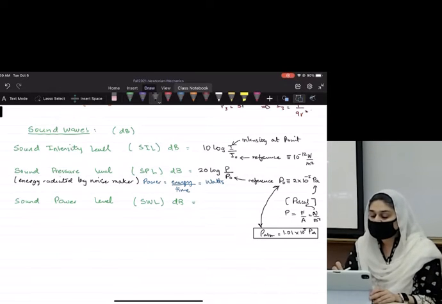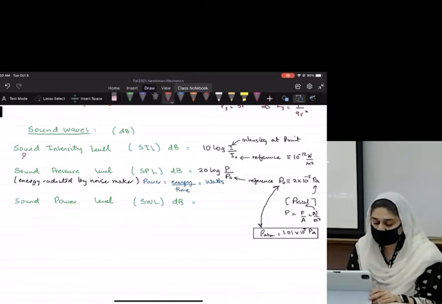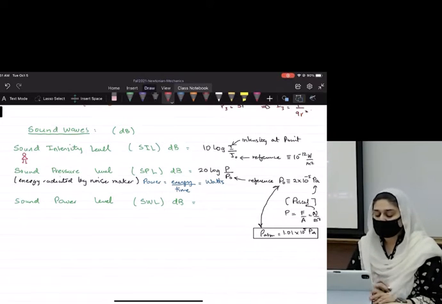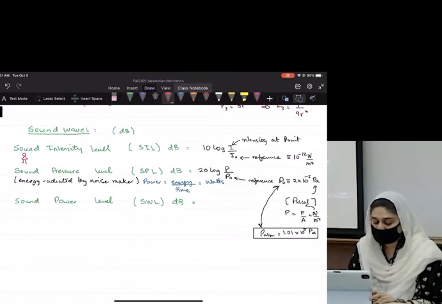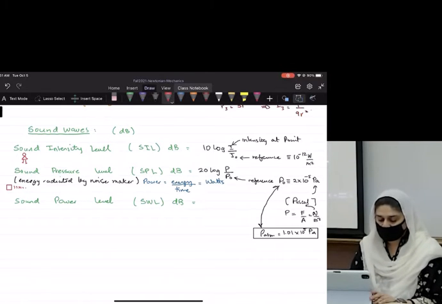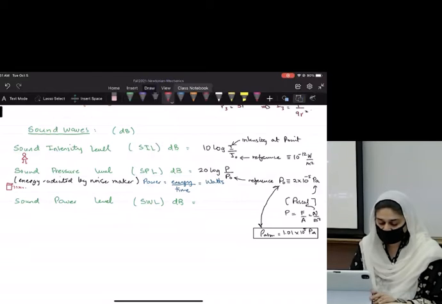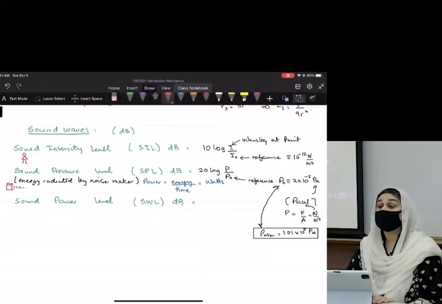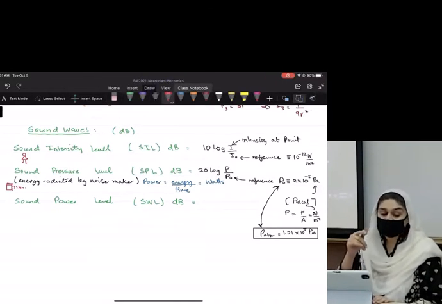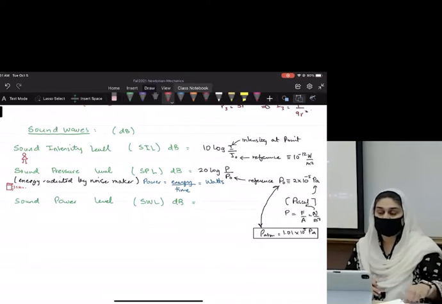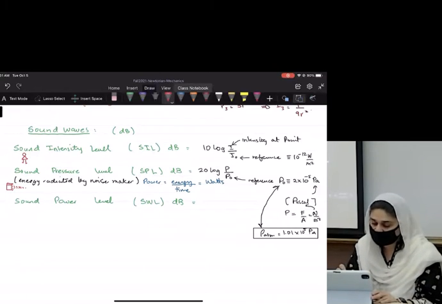So remember, sound intensity level is what a person will hear. Sound pressure level is what the noisemaker will make. Are they all decibels? They're all in decibel. And that is the major source of confusion. But they're all measured in decibel. The reason why they're all measured in decibel is because of number 3.